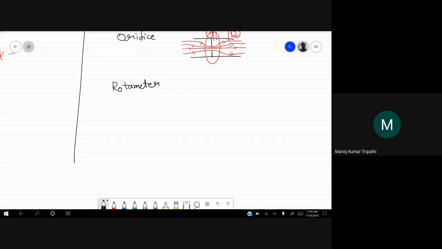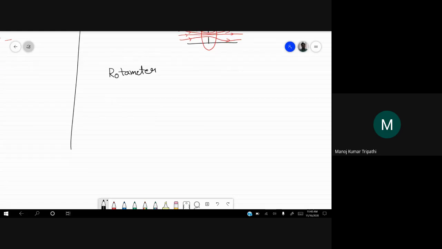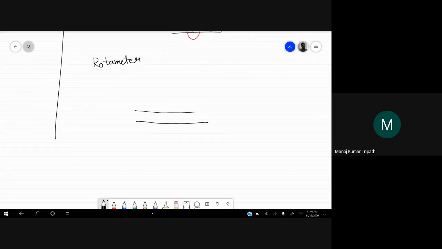What we have here is, let's say there is a pipe and there is a bend like this. For this to work, we need to have the section vertical, okay, in the direction of gravity. Then you have a conical section here.